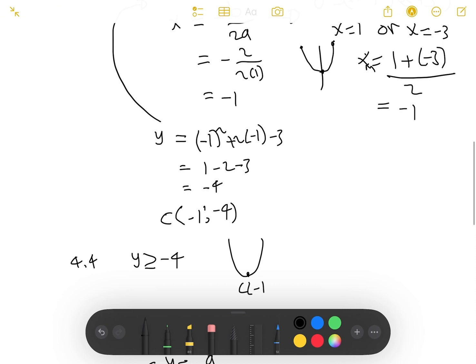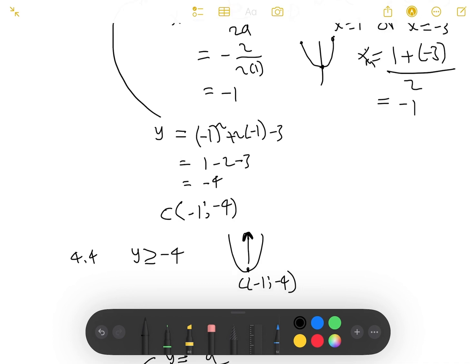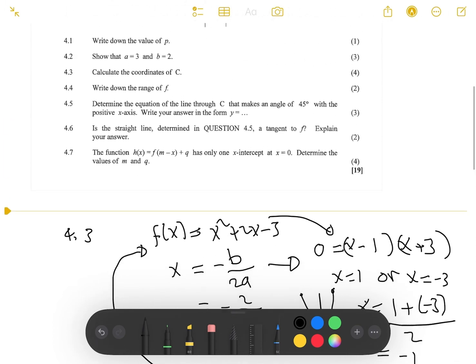We noted it was (negative 1, negative 4), right? The graph goes up, so all the y values are greater than negative 4. So it's basically y is greater than or equal to negative 4, where y is an element of the real numbers, right? Okay, so we're done with that one.